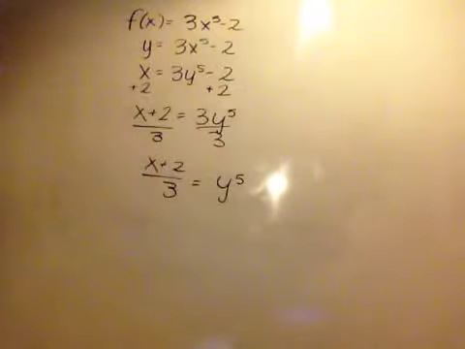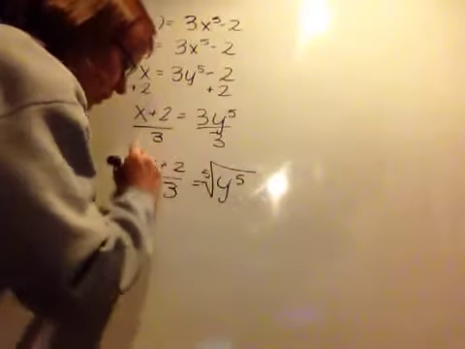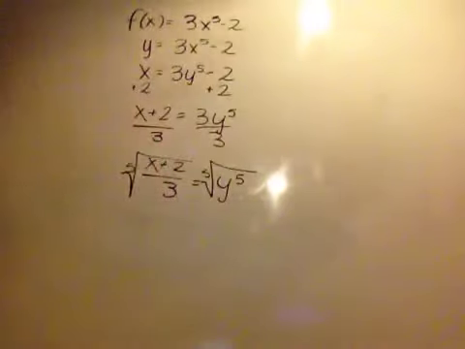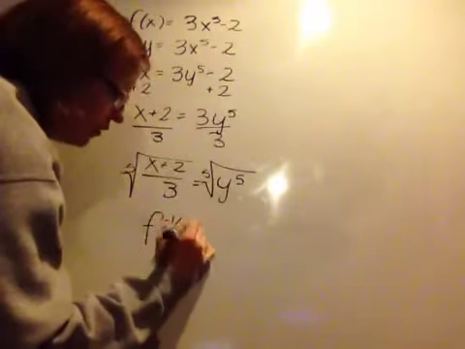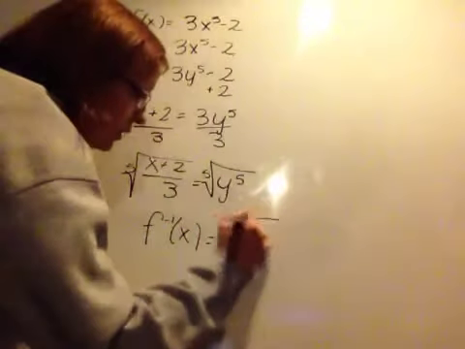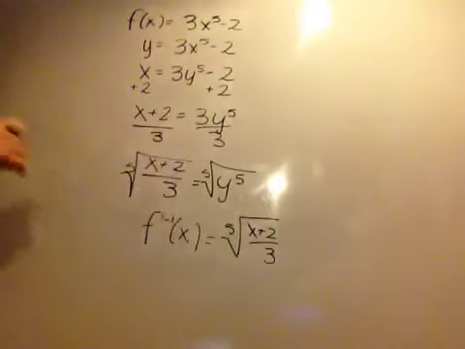And then to get rid of the 5th power, I'm going to take the 5th root of both sides. So my inverse, f to the negative 1 of x, is the 5th root of (x plus 2) over 3. And then you can always do function composition.